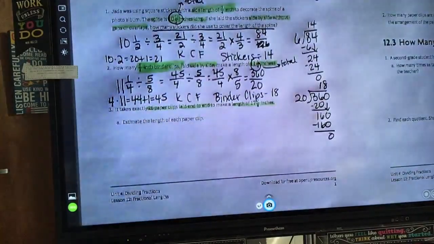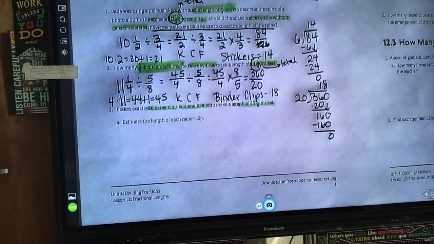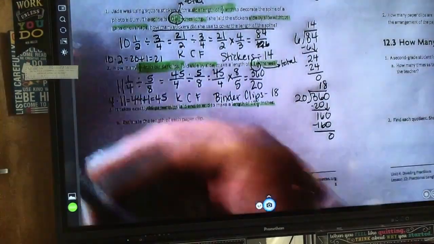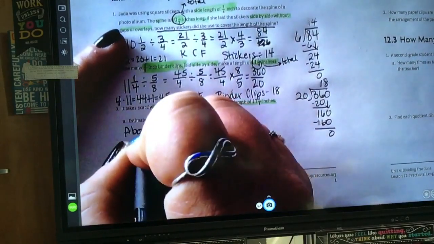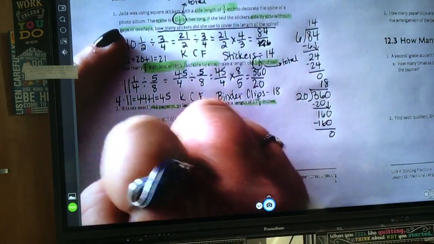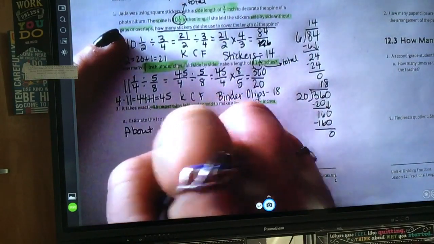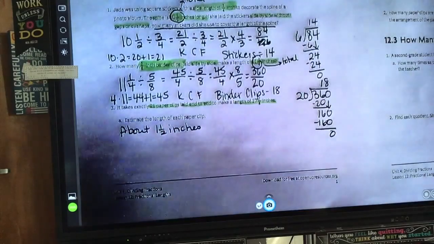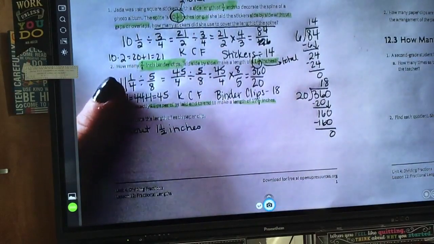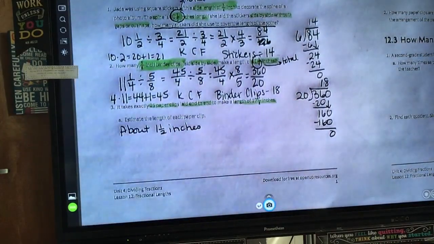Kaya, what'd you say? Okay, so you said about 1.5 inches. All right, did anybody come up with something different? Zoe? 8 inches? So there's 26 paper clips.